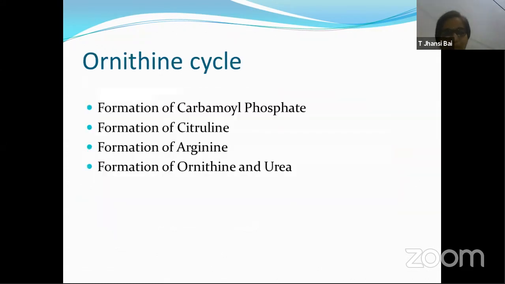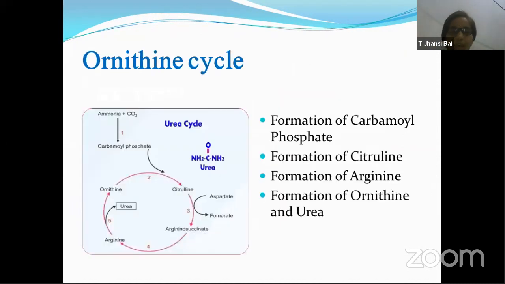oxidative deamination. Now, the ornithine cycle, dear students, I'm not getting into the details of this because we find here at some places the energy currency, that is ATP, is being utilized, and names of enzymes which help in catalyzing all these reactions. I'm not getting into the details, but in short, I just want to mention a few things about this ornithine cycle.